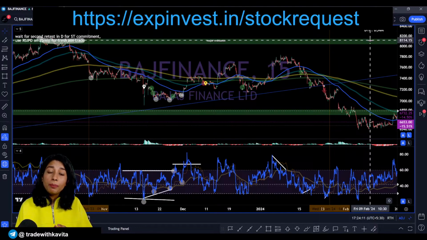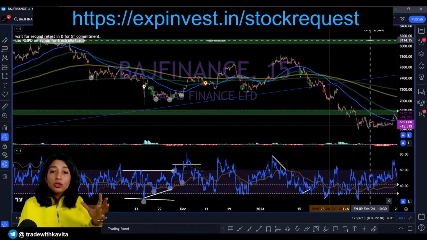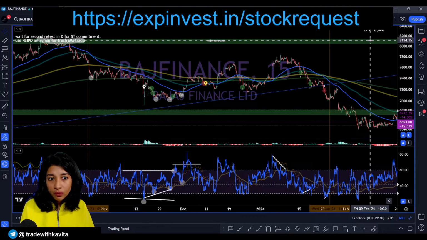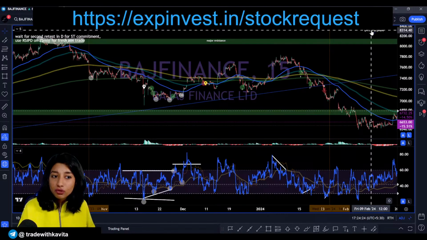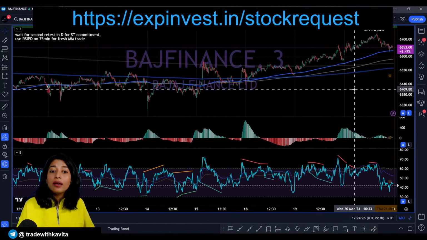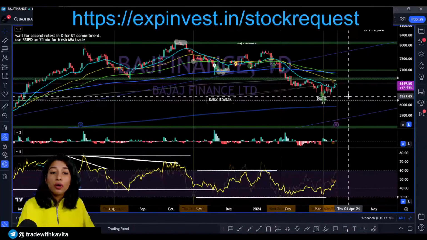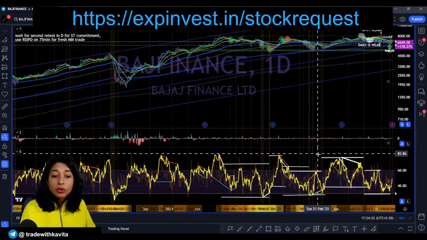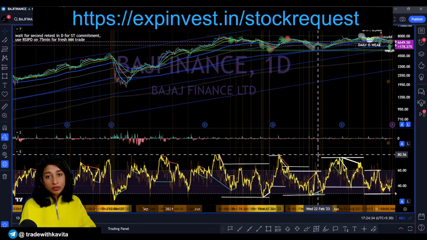Now, if the primary trend is bearish, you need to go two time frames lower. If the primary trend is bullish, you can also make a decision on the basis of just one time frame lower. That would be a decision making time frame. So for instance, here if my decision making time frame is daily, then in a bullish market, I would look for RSI to take support at the level of 31 on the daily time frame and then give me a positive divergence.